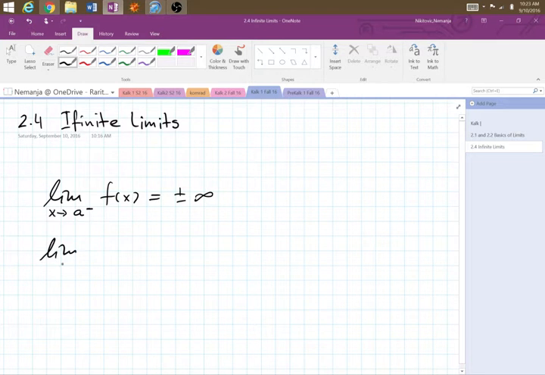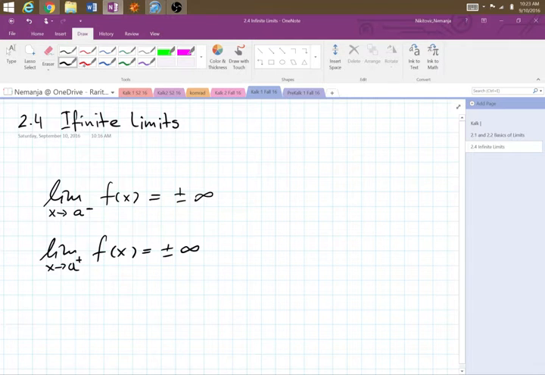And the limit as x approaches a from the right, which is a plus, of f of x could also be positive or negative infinity. If we get any of these to appear, we know that there is a vertical asymptote at a.